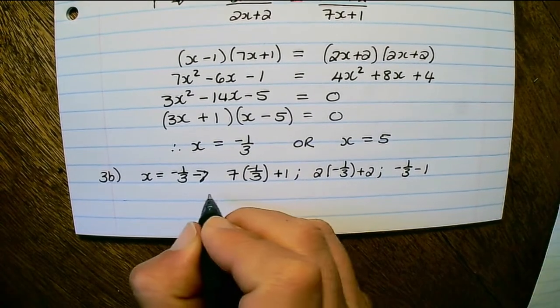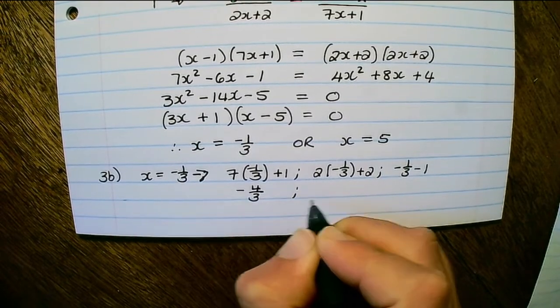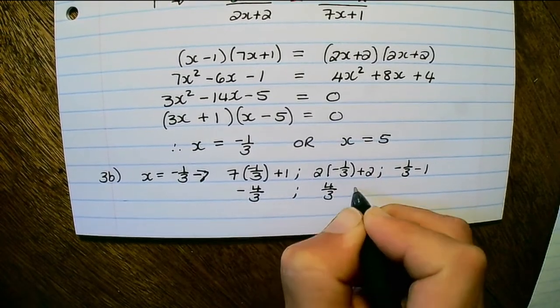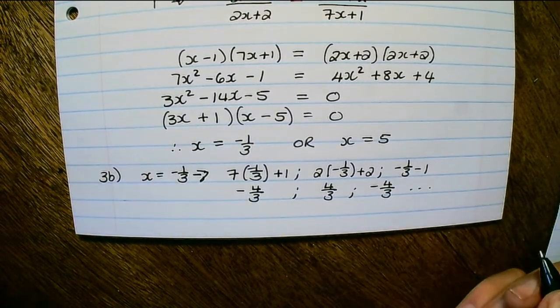And if we simplify, that means negative 4 over 3, 4 over 3, negative 4 over 3. And that is our pattern.